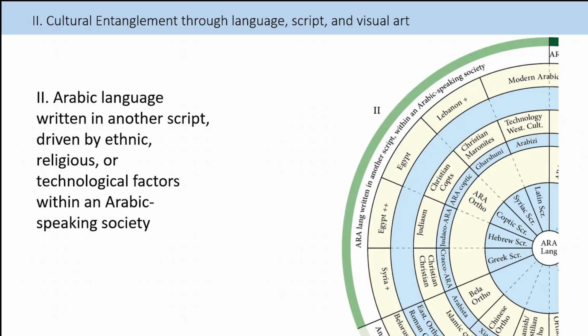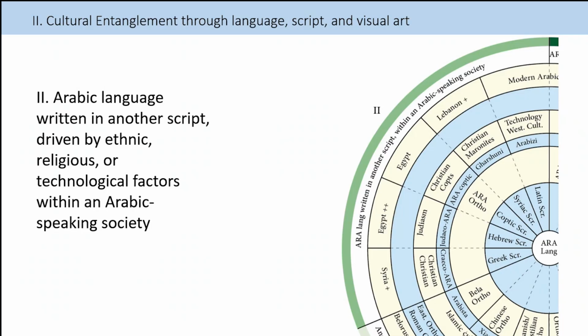Like we see cases where Arabic was written in Greco-Arabic, in Judeo-Arabic, in Coptic, and in Syriac, and there were even calls to adopt the English alphabet for Arabic writing in the 20th century.